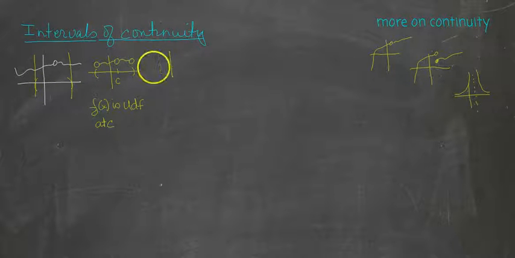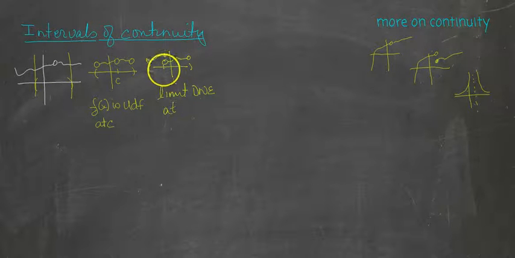Or we could look at this second type as a function that is on an open interval, undefined at one point, but specifically undefined as having a limit that does not exist at some value of c.